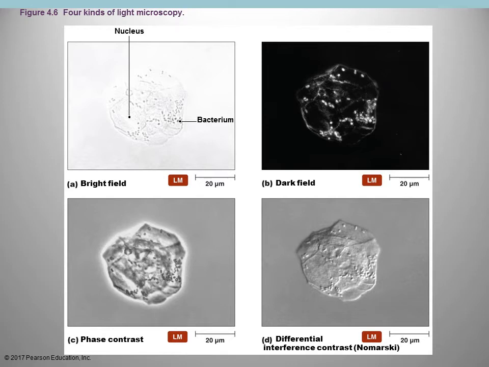Now you can see how much easier it is to see all of those different bacteria. C is phase contrast, so you're using differences in light patterns there. And then differential interference contrast is in D. So depending on what you want to see, use a different microscope.